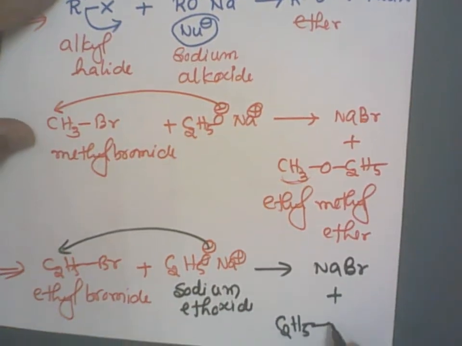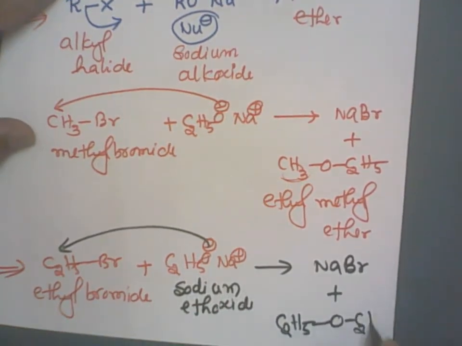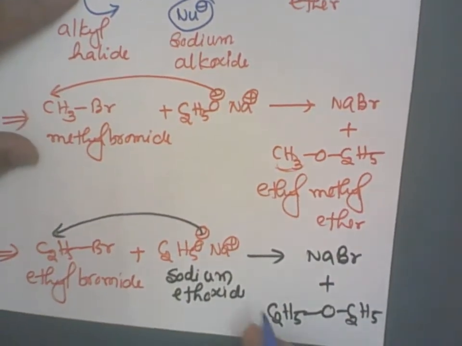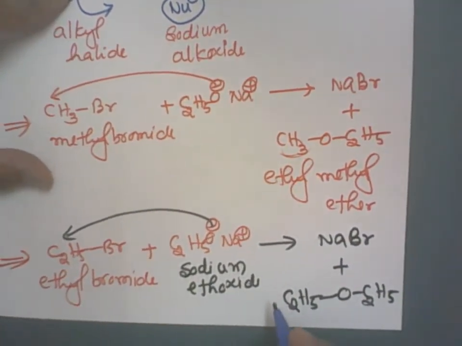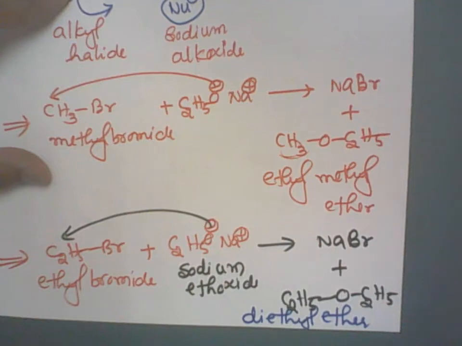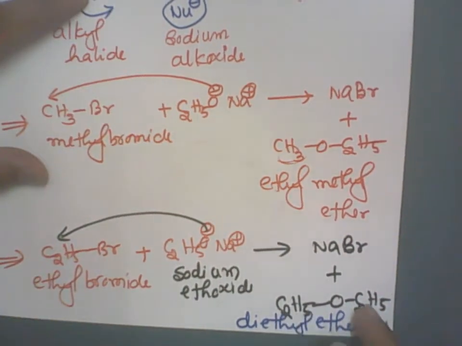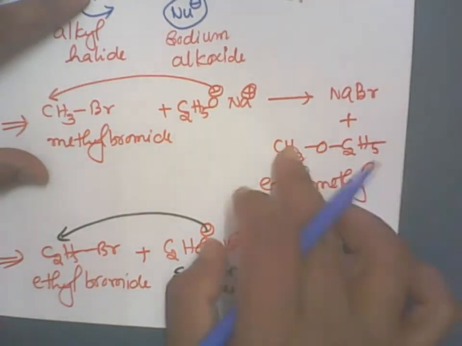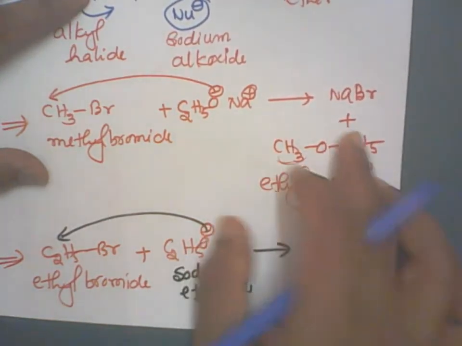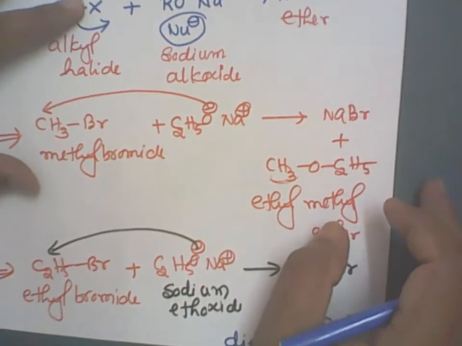C2H5OC2H5. Can you name this compound? There are two ethyl groups, so it should be called diethyl ether. So we can prepare symmetrical ethers as well as unsymmetrical ethers. Groups can be the same or different on either side of the oxygen.